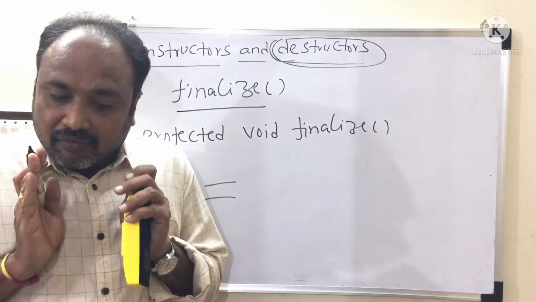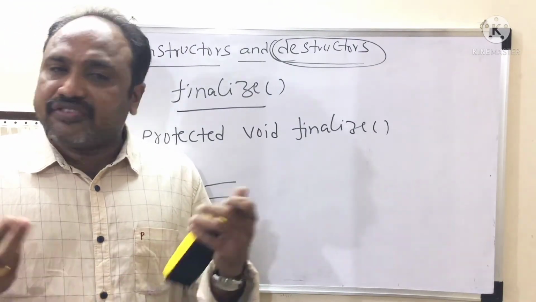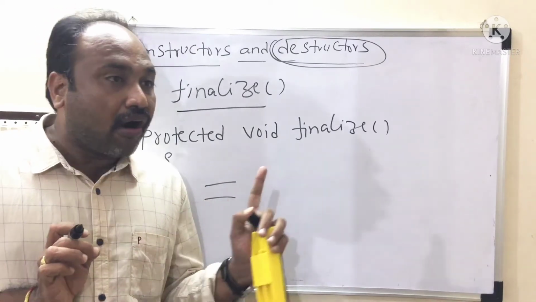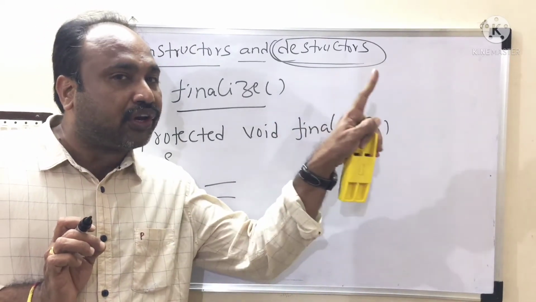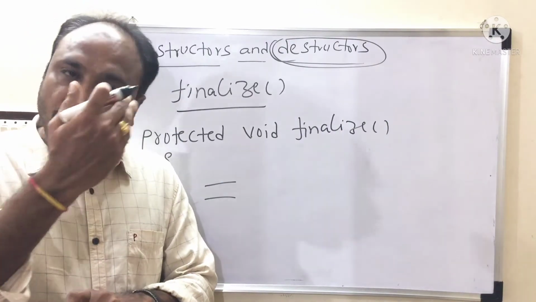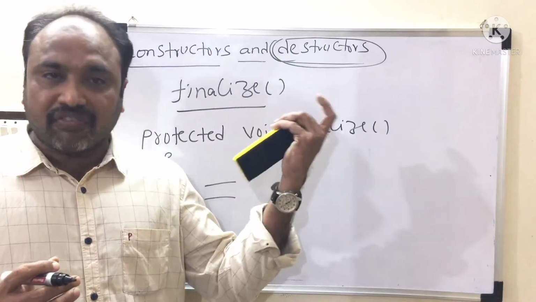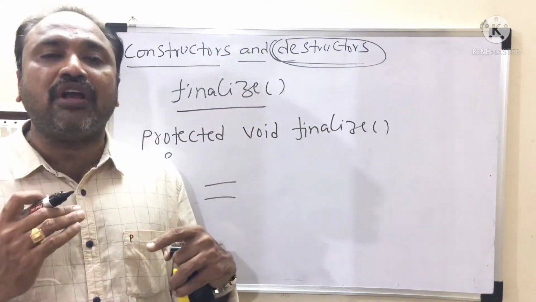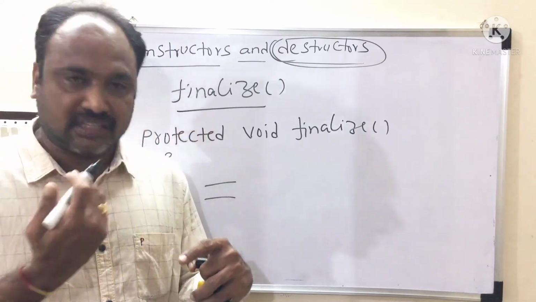Normally while working with Java programs, Java is a purely object oriented language. Our object is going to interact with some outside resources. It is going to access some data from the network, from files, from databases.